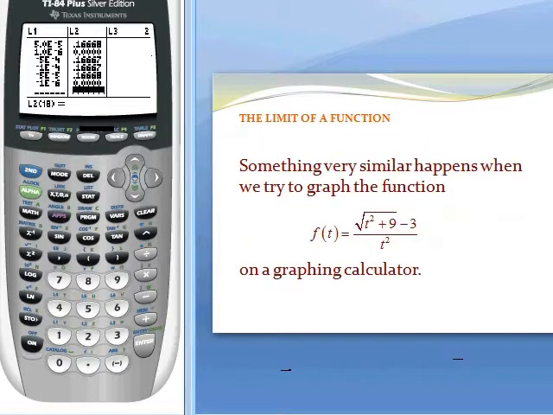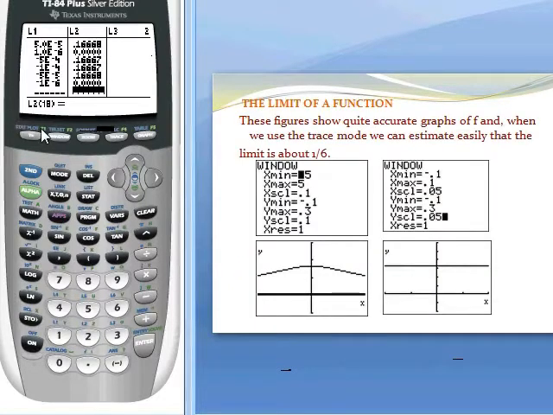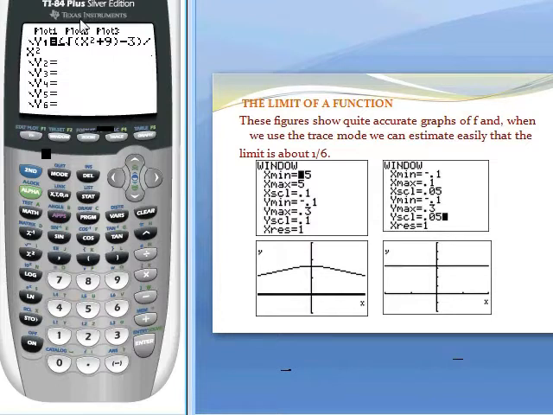All right. Now, let's try to see that phenomenon and the limitation of the calculator when I graph it. So I pre-entered the function, the square root of x squared plus 9 minus 3 divided by x squared. Now I'm going to pick this window in there.